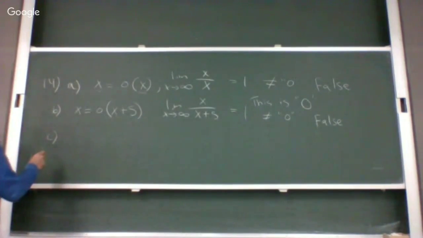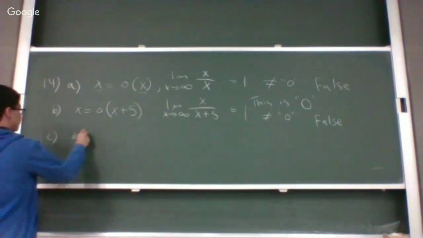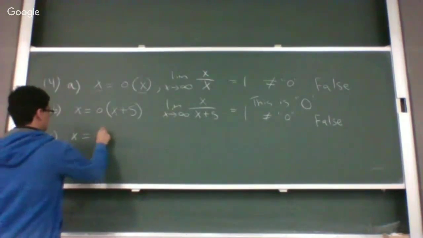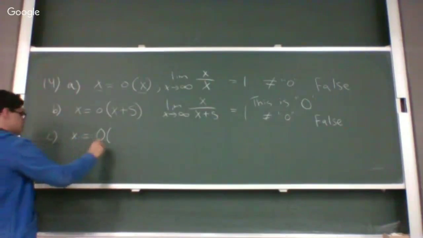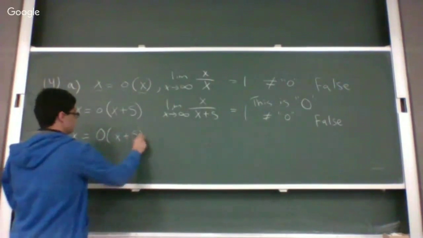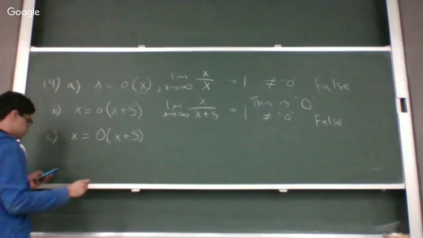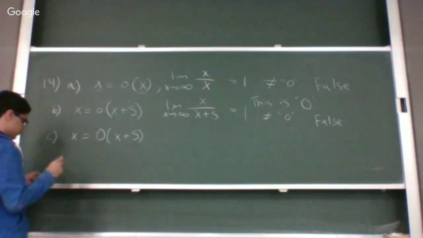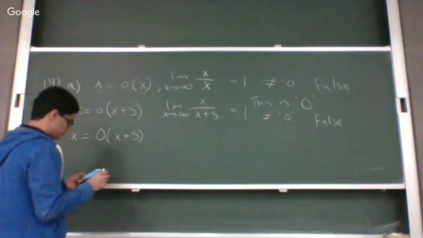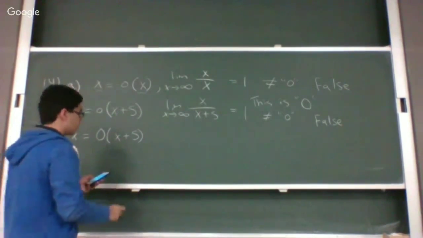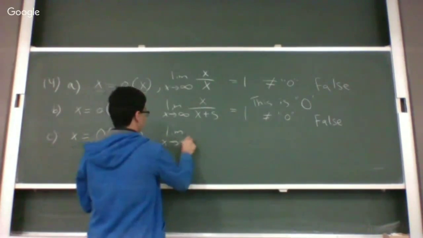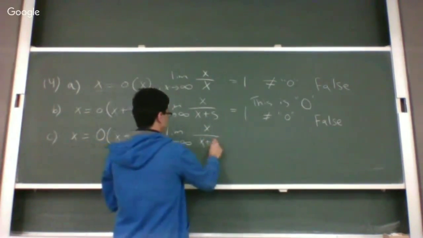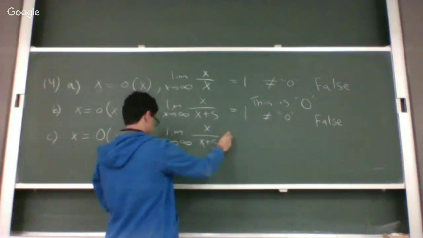C is x is equal to big O of x plus 5. It's the same thing as the first one, essentially.